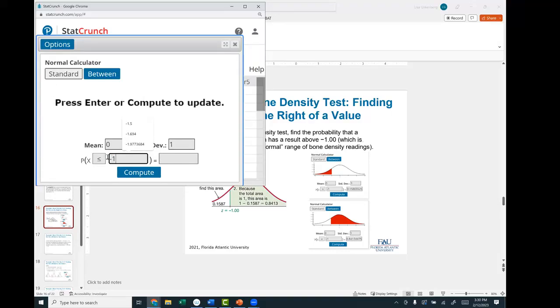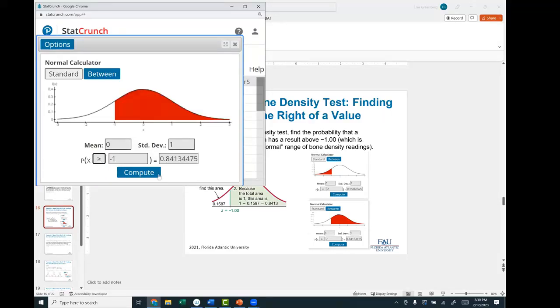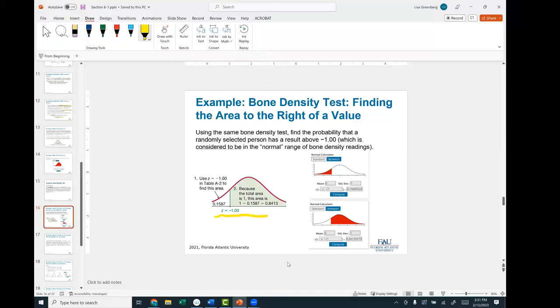So I put -1 in here, but I want it to be greater than or equal. And I get 0.8413, which is exactly what it shows right here for z equals -1. This is the normal range of bone density readings, okay?